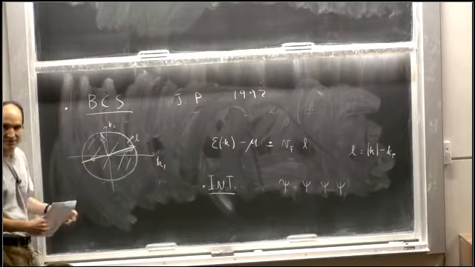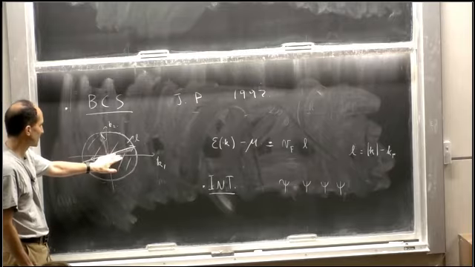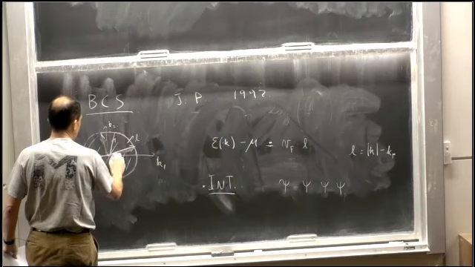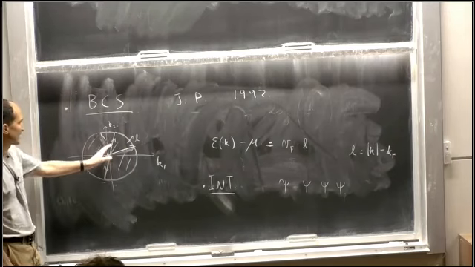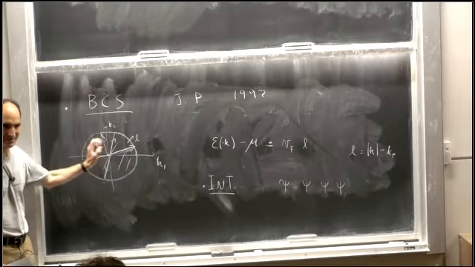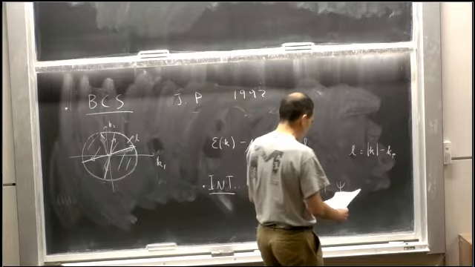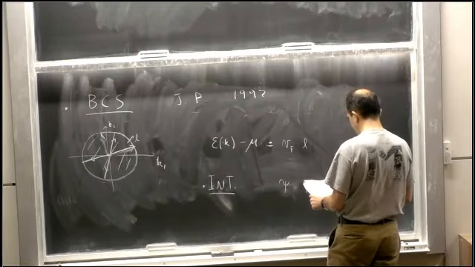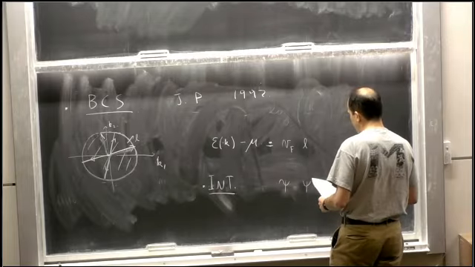So you have an interaction that involves the destruction of two particles with opposite momenta and the creation of two particles with exactly opposite momenta. This arises from the kinematics of the Fermi surface and the details of momentum conservation. So in the end, you have this type of interaction.